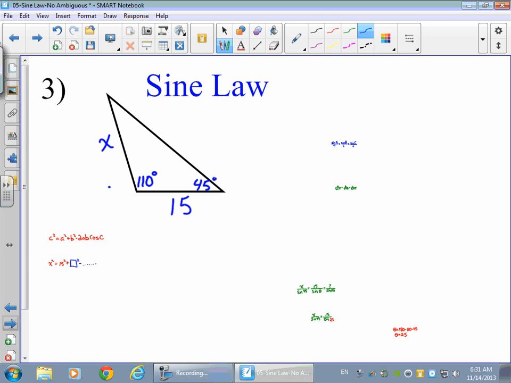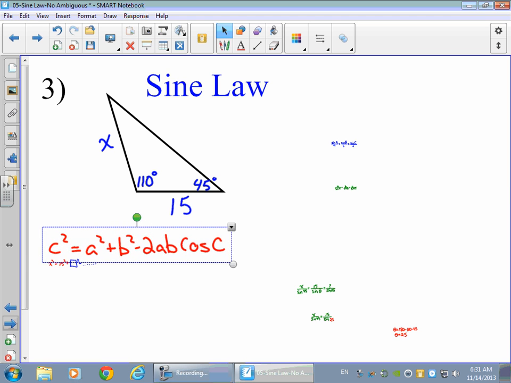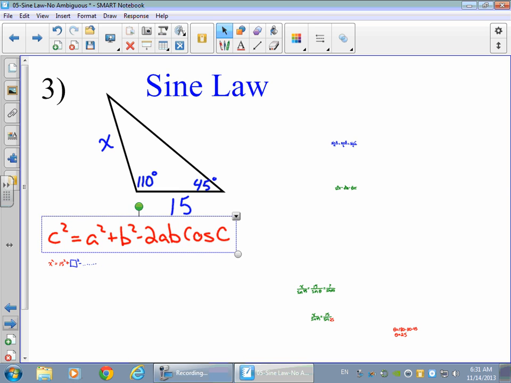So if those don't work, look at this example. I've got the given triangle. I think this is just a little mistake here. If I tried to use the cosine law, okay, so that's what we've seen before. This is actually a situation where I have two angles and one side.